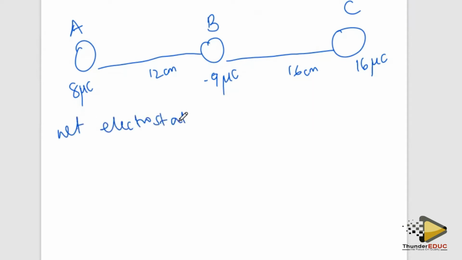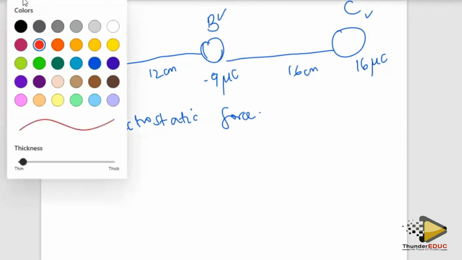Okay, net electrostatic force on A as a result of B and then C. Or we can say the net electrostatic force on B as a result of A and C. So in most cases, it's all about combining the two charges. Let me see how we can do this very fast.